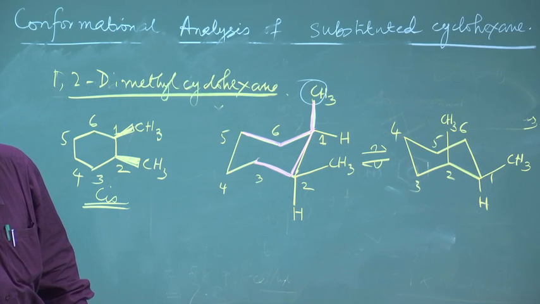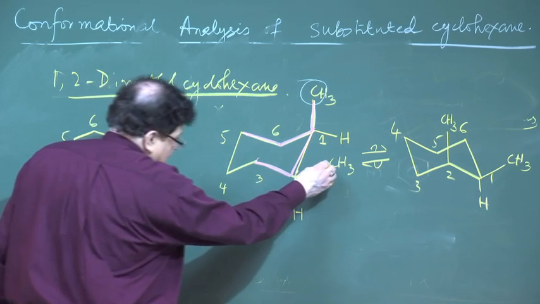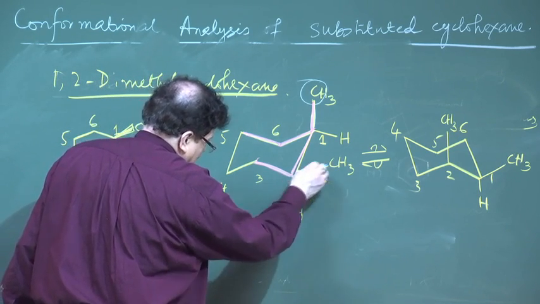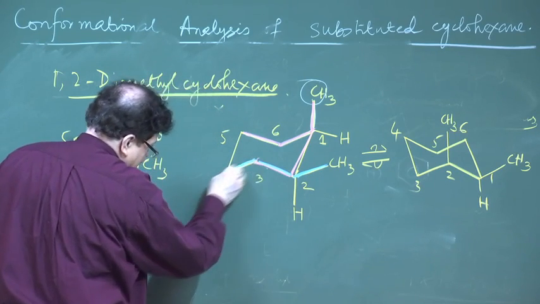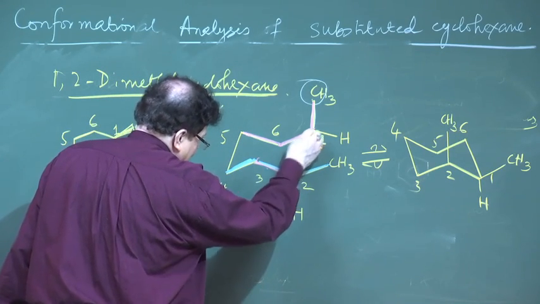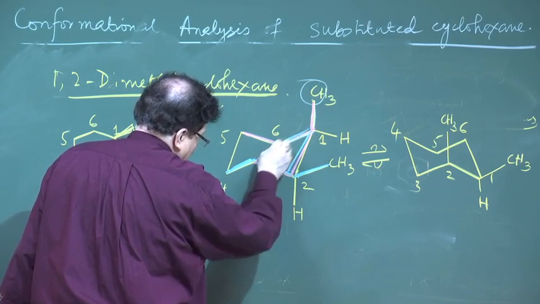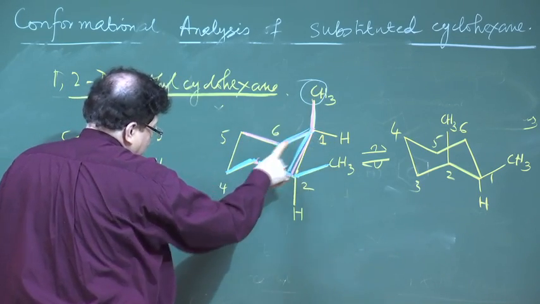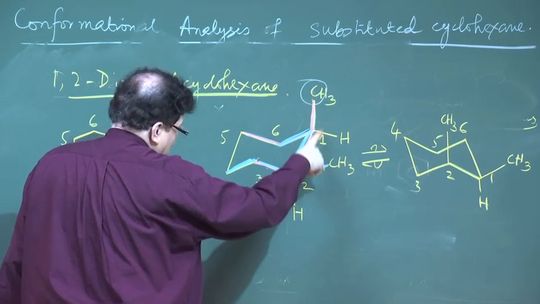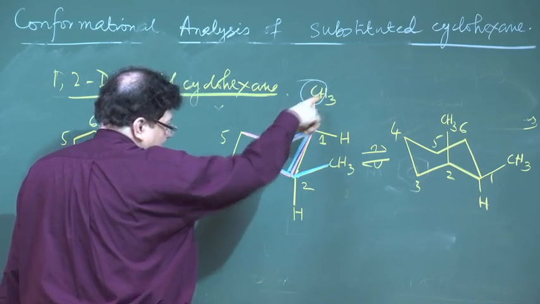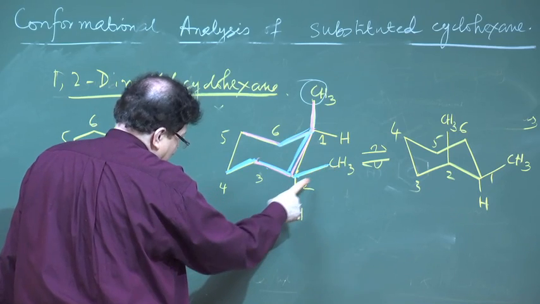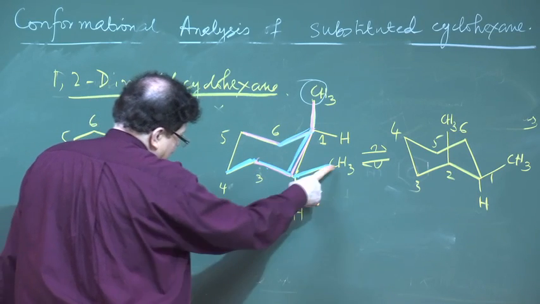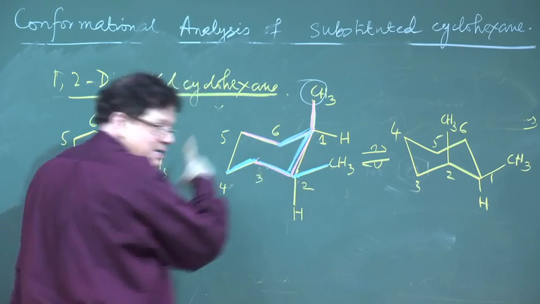What are those? This is the methyl. So, one is this one, another is this one. This I can write as methyl 1,6,5, methyl 1,2,3, that is for this carbon, and then we have methyl 2,3,4 and then methyl 2,1,6.